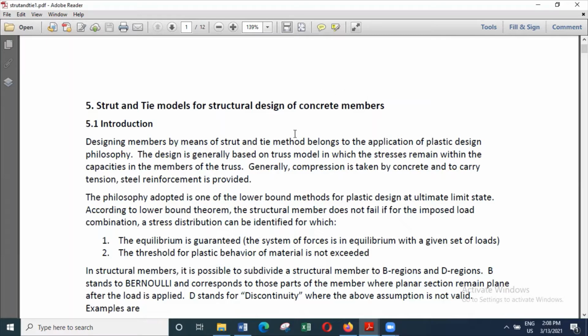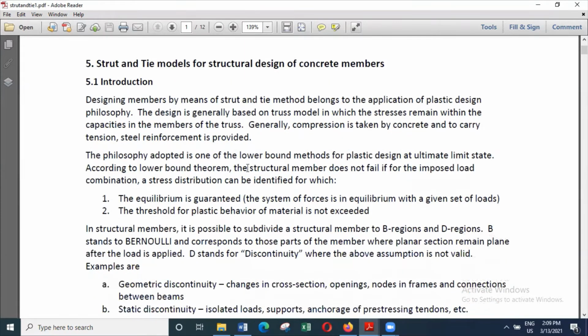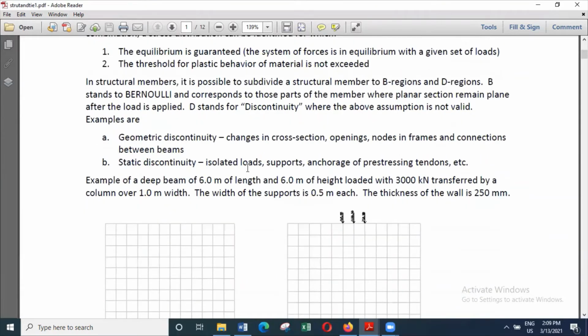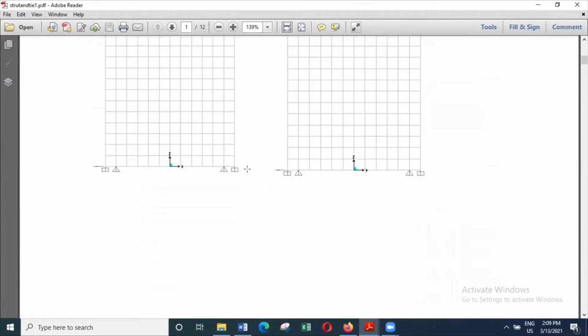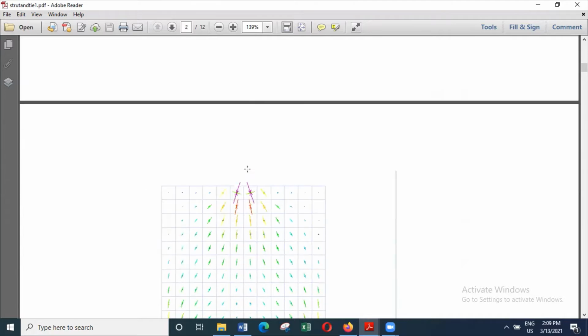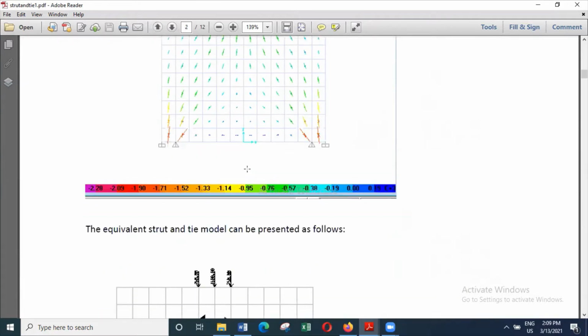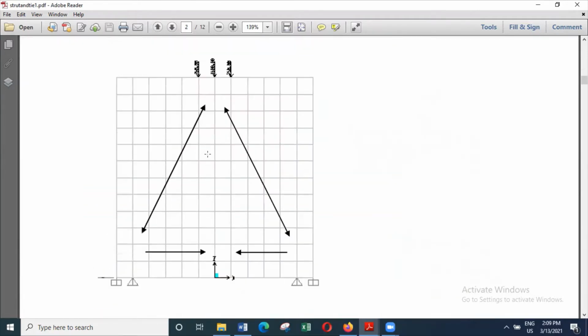So basically, when you are designing members by using strut and tie model, it actually belongs to the plastic design philosophy. So basically what we do is we create a truss model, and then a truss model like this one.